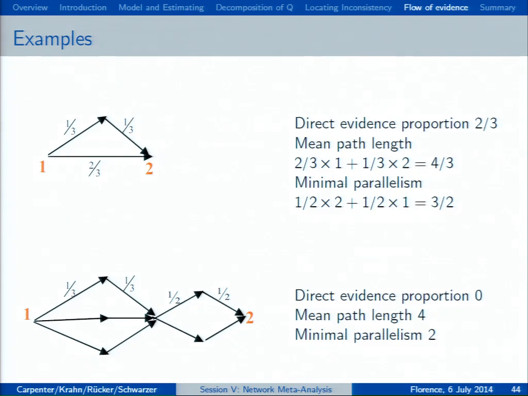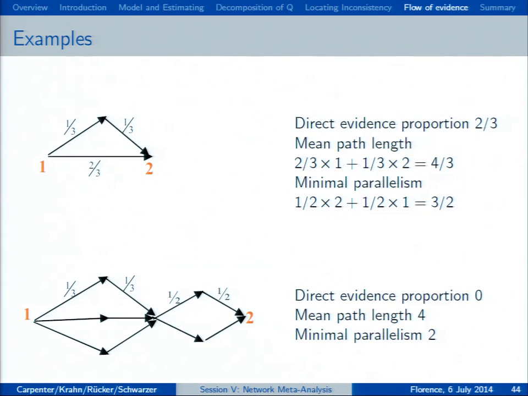For the mean path length, for 2/3 we have one edge in the path, and for 1/3 there are two edges in the path. So on average, there is a mean path length of 4/3. And for the minimal parallelism, we can see that half of the direct evidence is paralleled by indirect evidence, so that we have a minimal parallelism of 3.5.